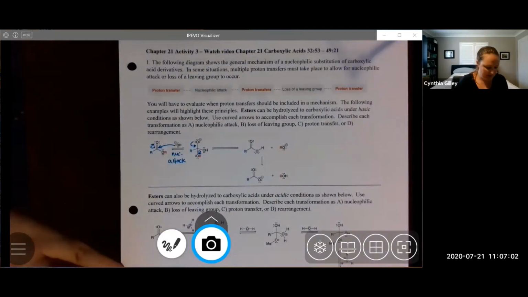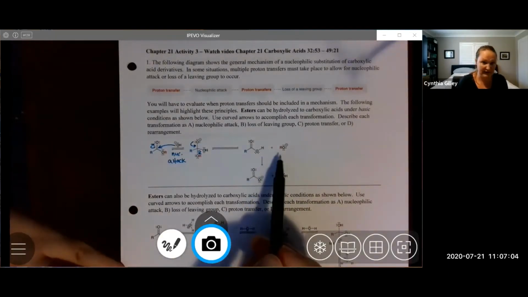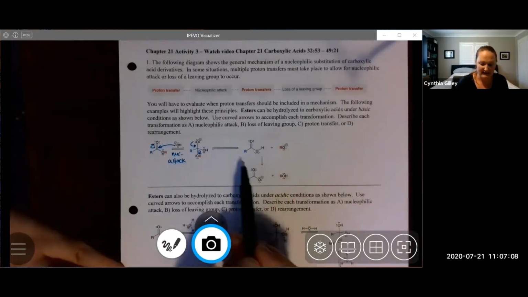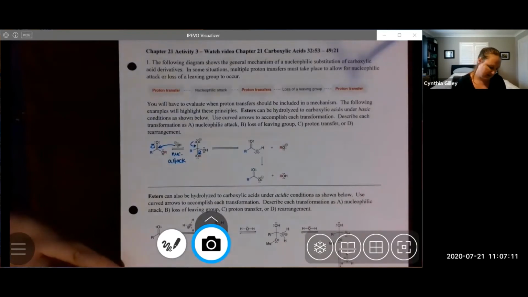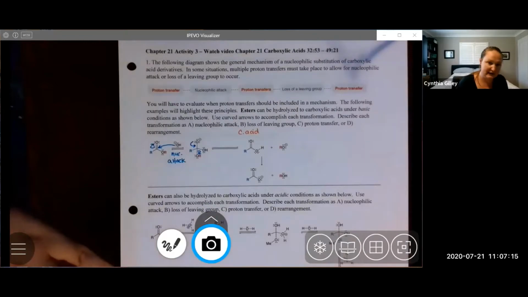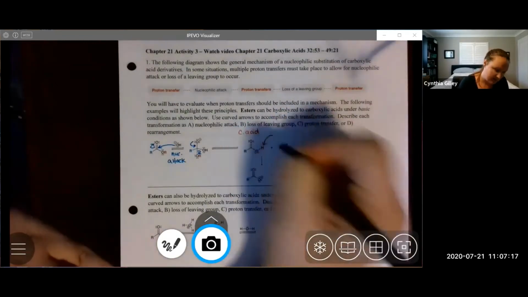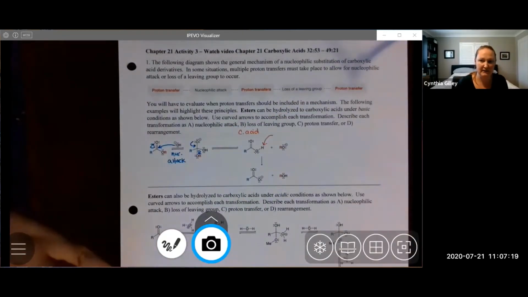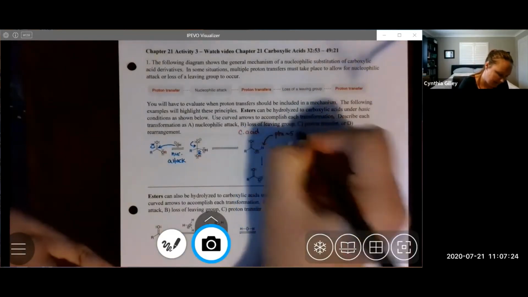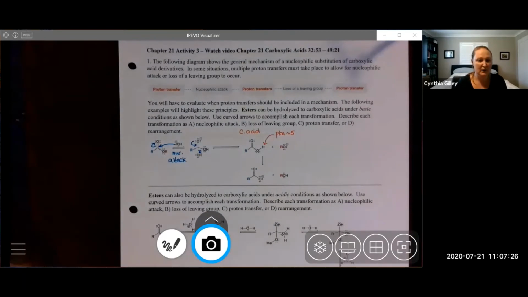And when we do that, we've kicked out the alkoxide and we've generated a carboxylic acid. So that's really important, because one of the things that we know about carboxylic acids is that the hydrogen here is acidic, right? This hydrogen has a pKa of approximately 5. And so we've now generated a fairly strong acid in solution.